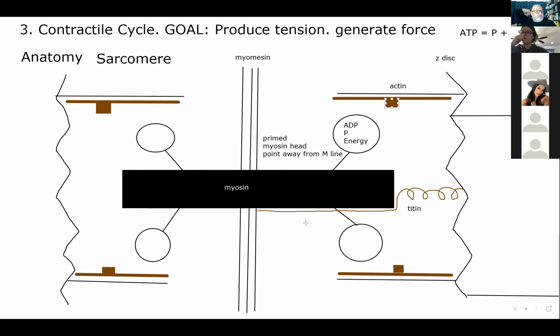All right. So we have all of this here, all of these components that we've talked about.